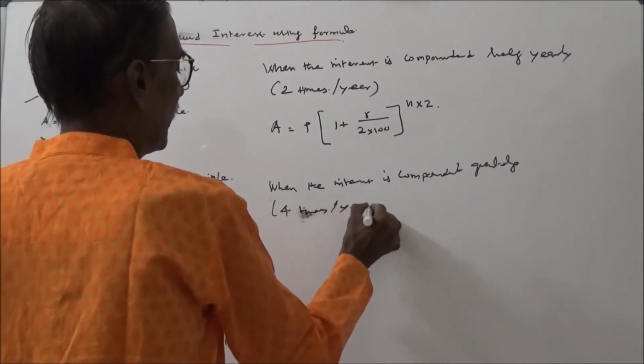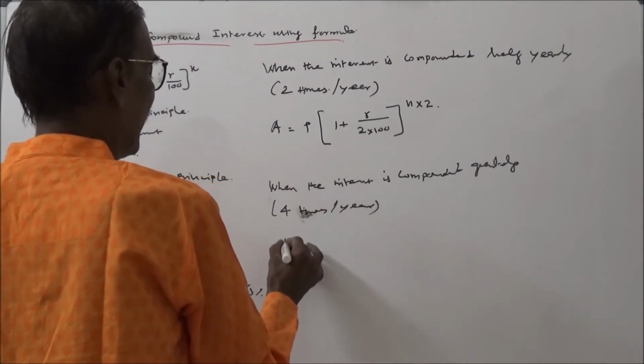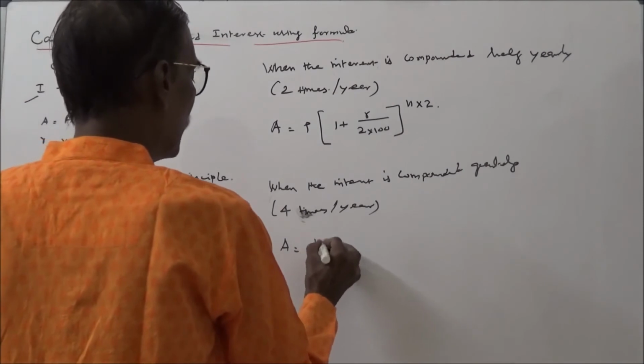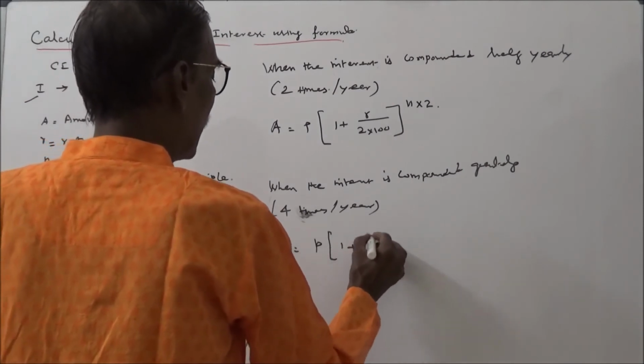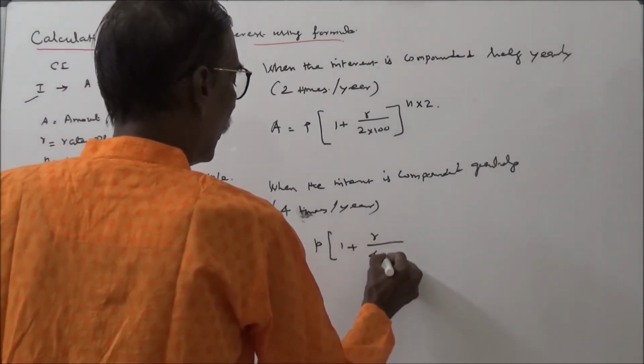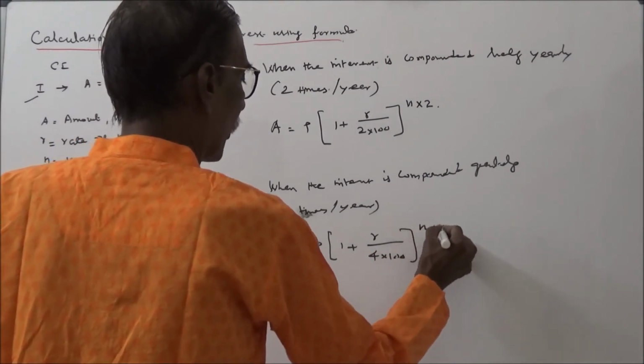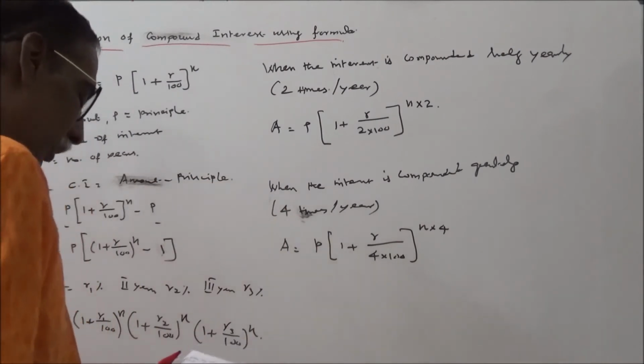So this is how to calculate: A is equal to P into (1 plus R by 4 into 100) to the power of n into 4. Okay, this way you have to do it.